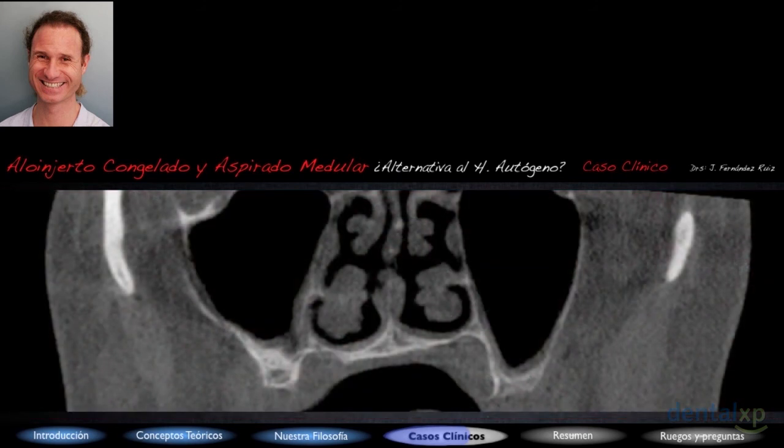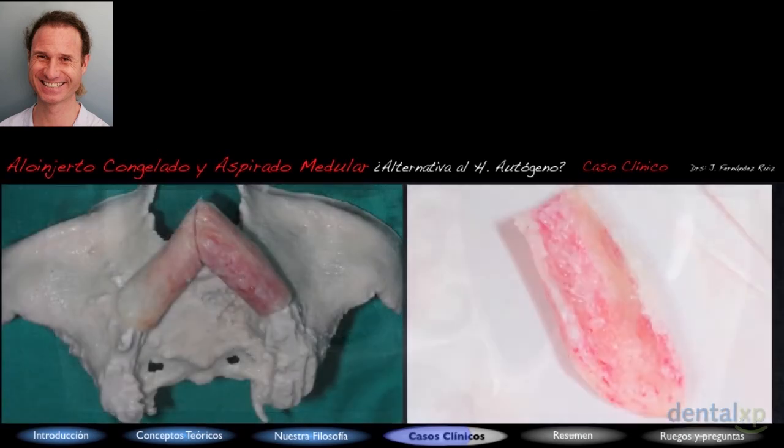And here I would like to share this concept of biosculpturing. And what we are doing is that with the cortical plates of the bone bank, we can rebuild all the maxillary alveolar process that the patient was missing.